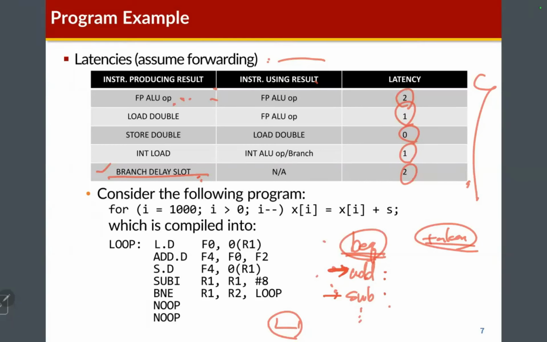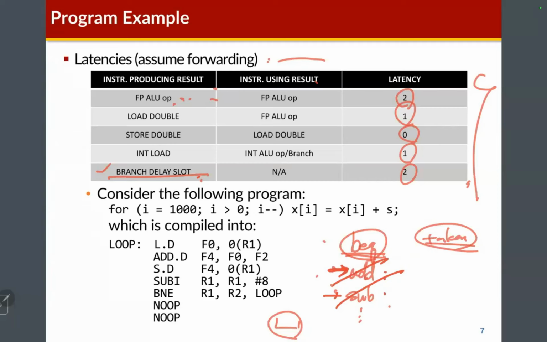The branch can be resolved in the execution stage, but it means that the next instructions are already fetched and already located in the instruction fetch stage and the instruction decoding stage. And then if the branch is taken, those instructions will be flushed. So that's how the branch is executed in the simple static pipeline architecture.